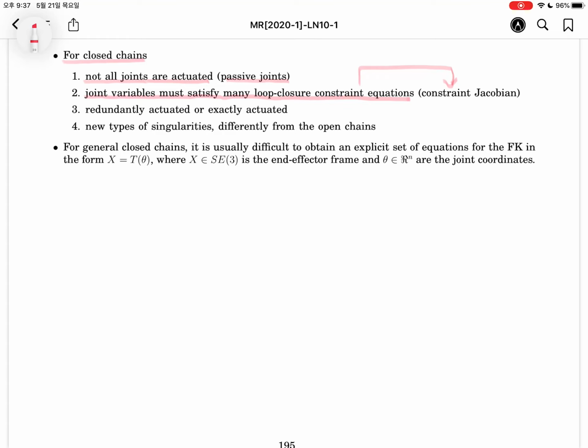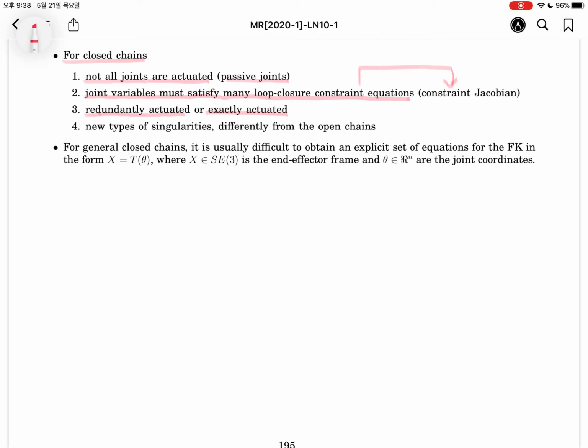The third, the closed chain can be actuated redundantly or exactly actuated. In many cases, over the number of degrees of freedom, actuators can be installed. So the coordination of actuator forces is required.